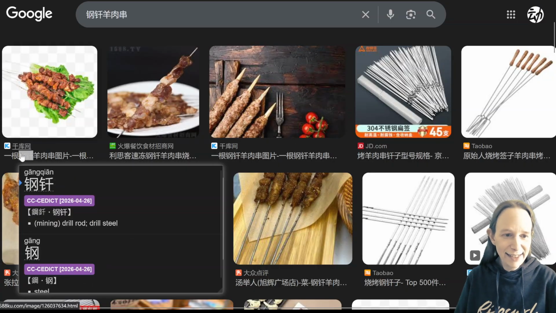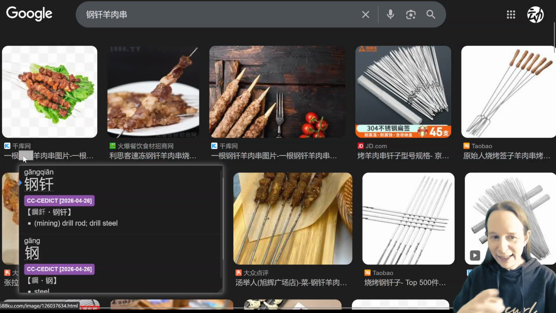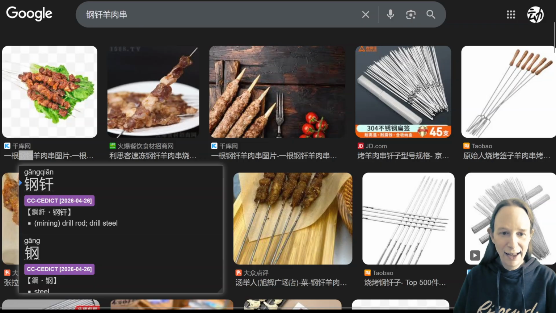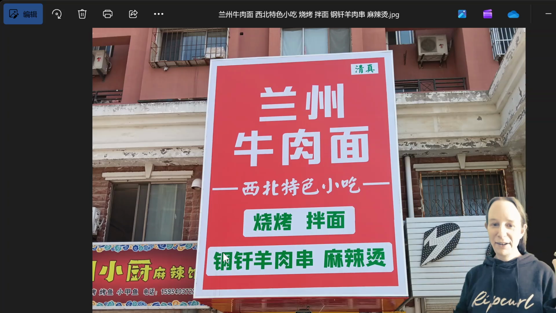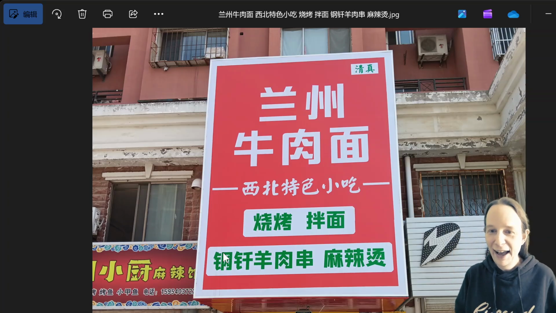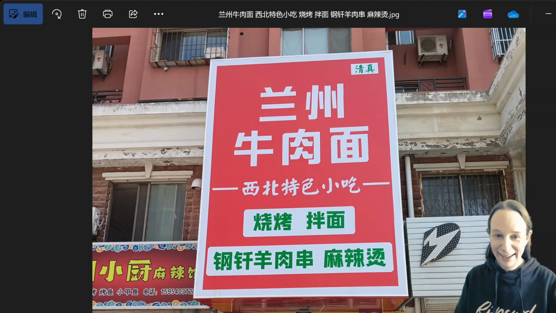Yeah, 钢签, I see this one. 钢签羊肉串. You see this on signage and things. Maybe I can show you. Here's a photo. I take photos of things and then I label them so that when I wonder where I saw that character, here it is.